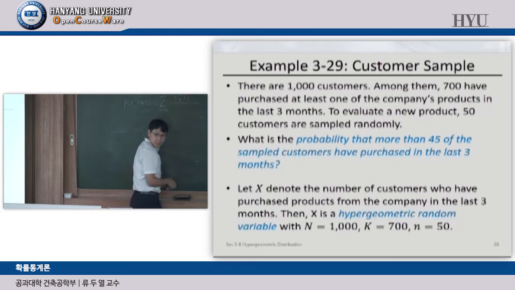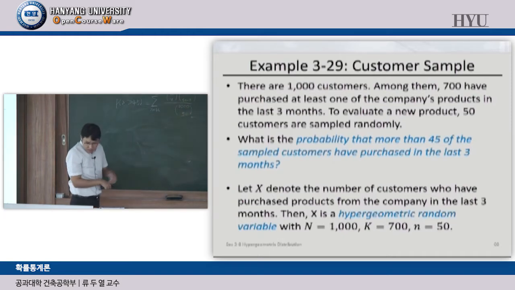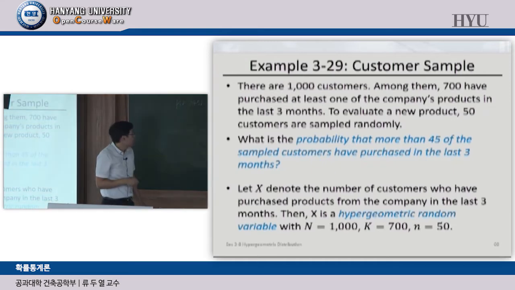And large N minus K, that is 300, choose small n minus X, that is 50 minus X, over 1,000 choose 50. So we have to use this equation.